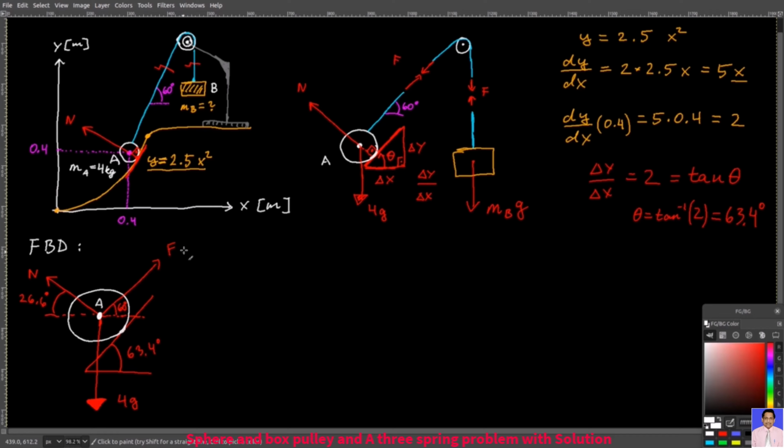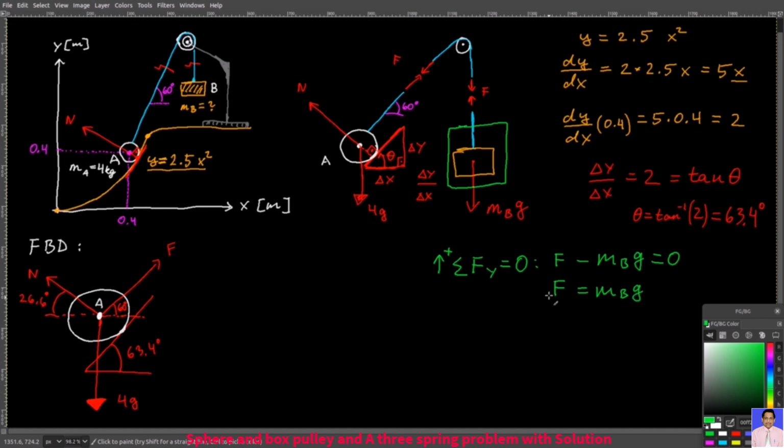And now what is this force F? Well, if you look at this side of the structure, then you can clearly see that if I create this boundary here, and I have a force here, mb times g, and this green box is not accelerating, neither up nor down, then from the equilibrium principle you see that you have F minus mb times g equals 0, and that means that your F equals mb times g.